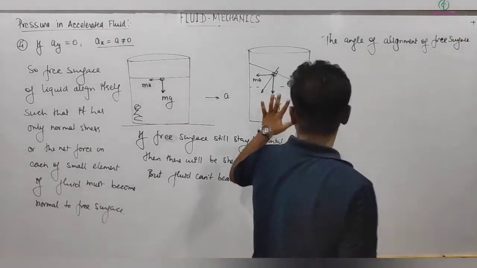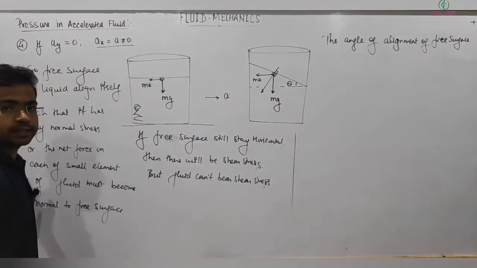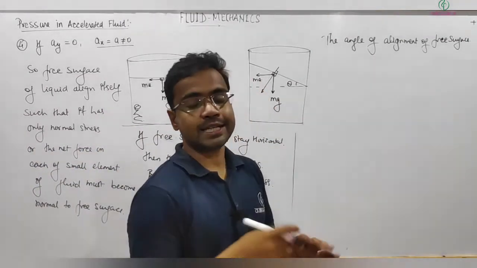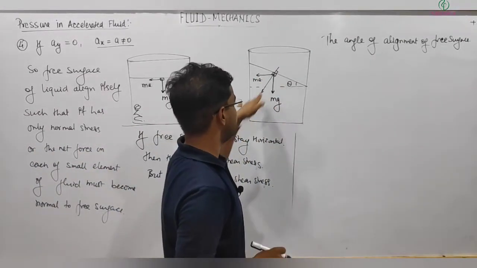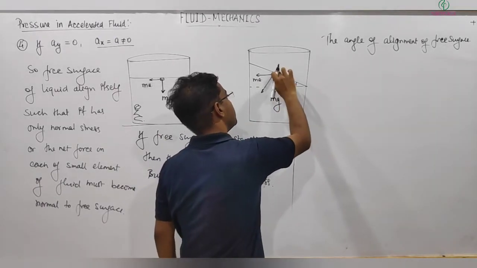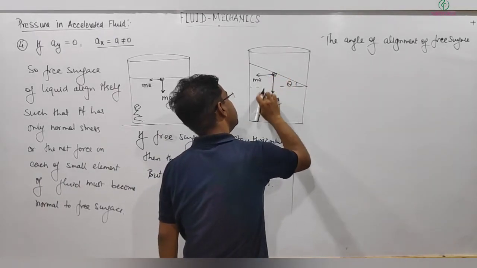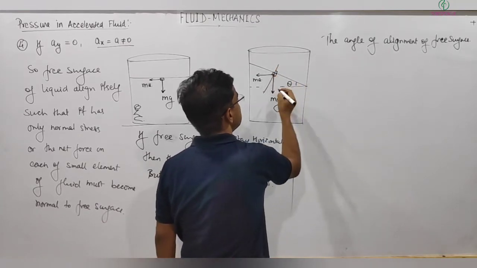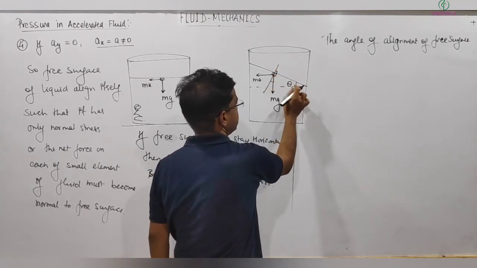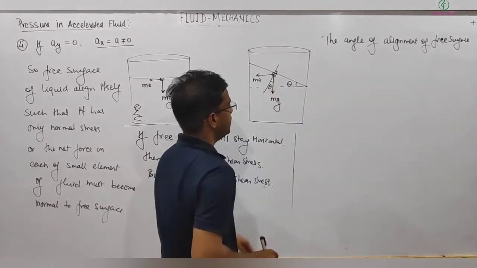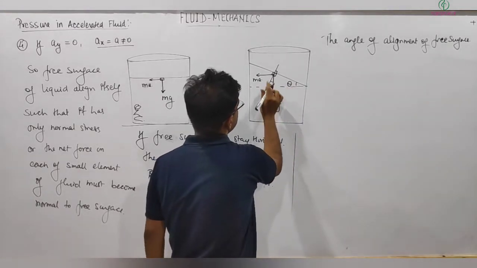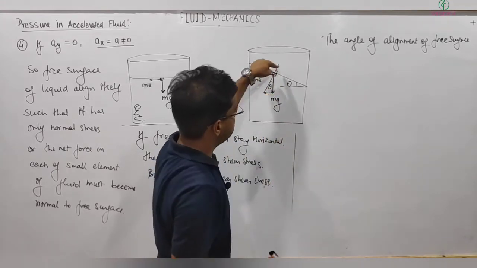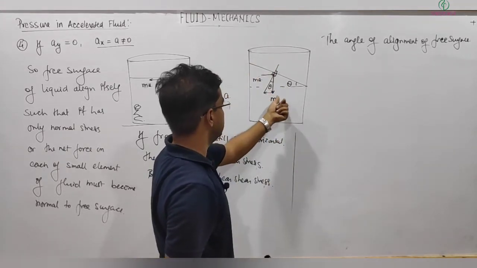From its definition, the liquid will align its free surface in a manner such that the net force becomes normal or perpendicular to its free surface, like this. So if this is the situation, then this theta will be equal to this theta, and the net force is along this, this is mg, then this will be ma.